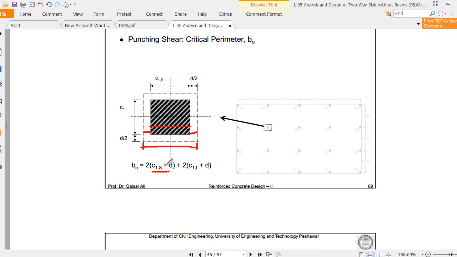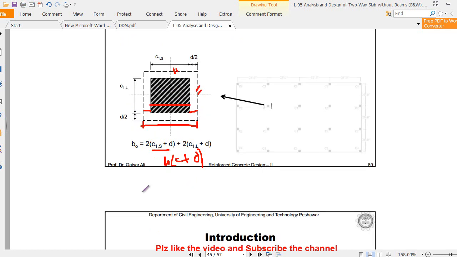As we have two sides, we multiply by 2. Now we have to find the perimeter, so we need this side as well, which equals C1L plus d. If it is a square column, it will be C plus d. The critical perimeter will be 4 into (C plus d), and the critical area Ar will be (C plus d) whole square.